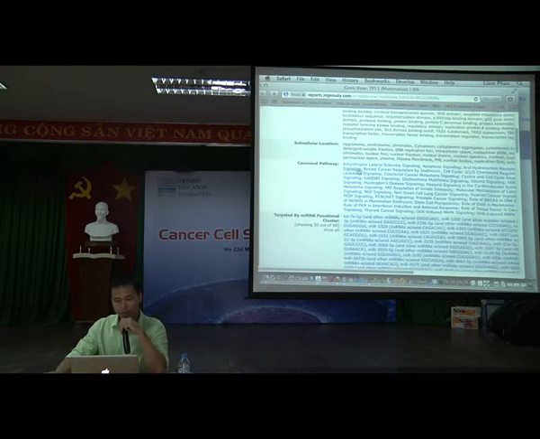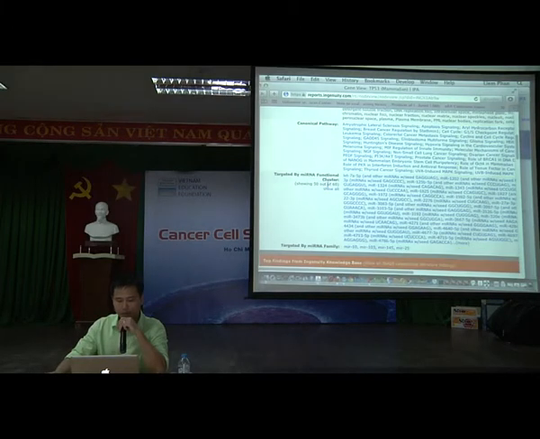And this is a canonical pathway that is involved in P53 signaling. For example, like apoptosis signaling, cell cycle G1/S checkpoint, colorectal cancer metastasis signaling. And this is the microRNA that is induced by P53 or the one that targets P53, causing P53 degradation.